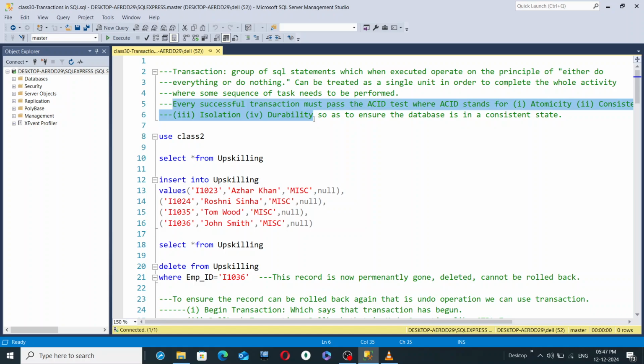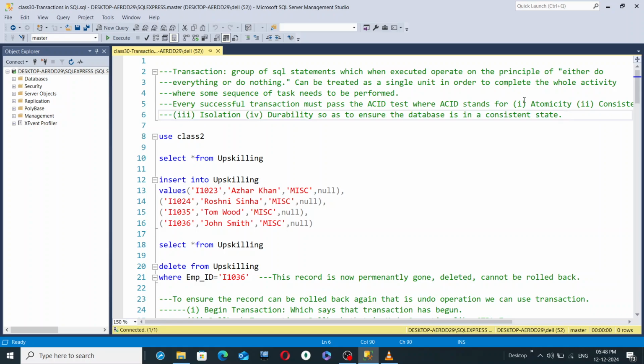When these are performed, we can say that the entire transaction is a successful transaction. These atomicity, consistency, isolation, durability are, you can say, individual parts, and when all of them are satisfied, then the entire transaction is successful. And when that happens, it ensures that your database is always in a consistent state, and always in a correct state.